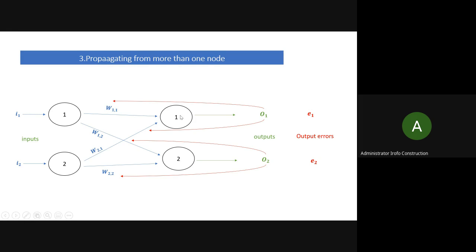Where is it going to? It's going to this node here. You can see which other links are connecting to it. The other link connecting to it is just W11. So the proportional value for this W21 will just become W21 over W21 plus W11. Because this link weight is connecting to this node here, and this node has only two links, this and this. So you just use those two values to find its proportion.